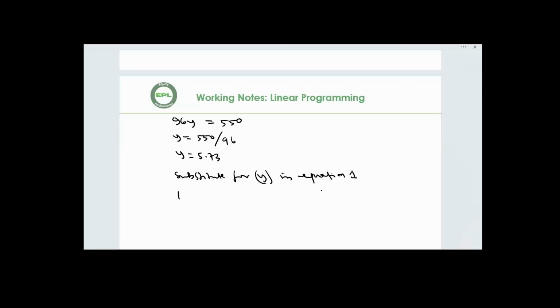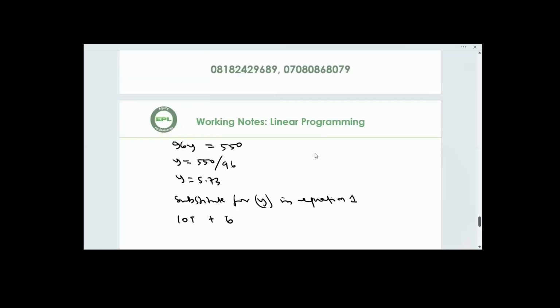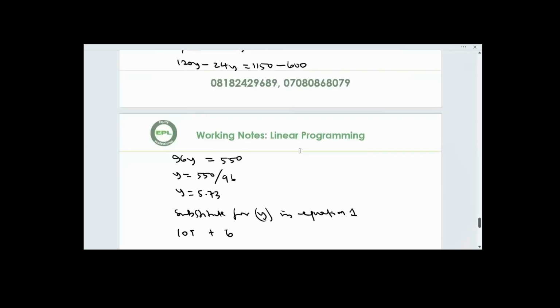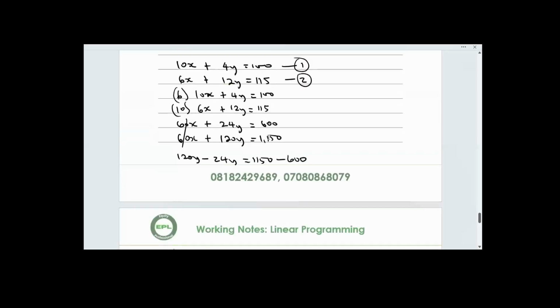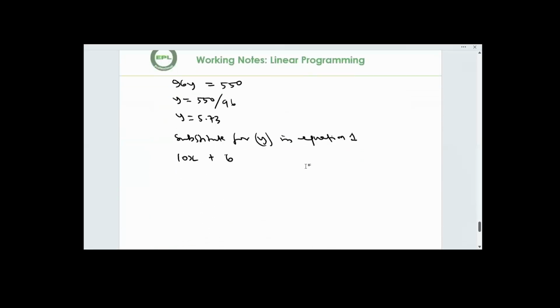So in the first equation is 10x plus 4y. Anywhere you see y, you put 5.73. So here will be 4 times 5.73 equal to 600.